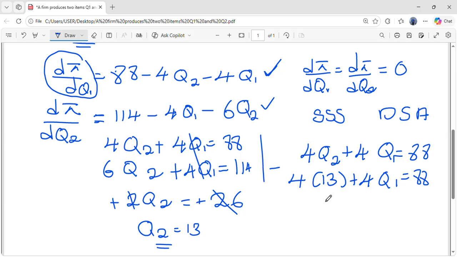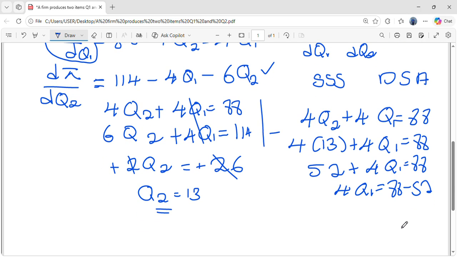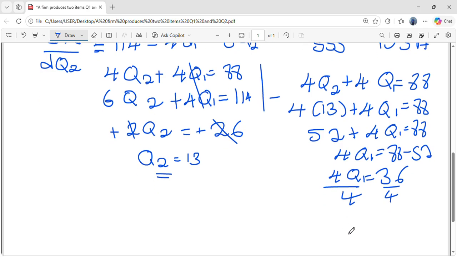We multiply 4 times 13, we get the value to be 52, plus 4q1. From here we group like terms. So we say 4q1 is equal to 88 minus 52. So 88 minus 52, we get the value to be 36. If you want the value of q1, you divide both sides by 4. So we find that the value of q1 is equal to 9.